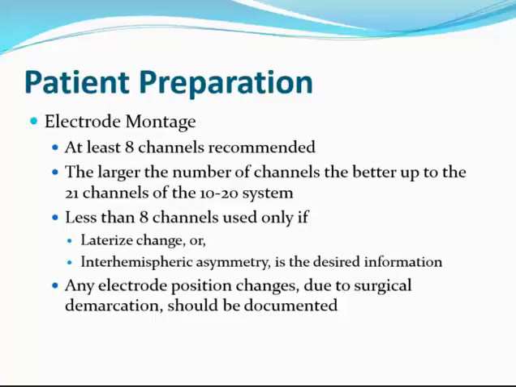There are times when the very place you want, you're looking at F4, for example, or T4, and they are doing a right frontal craniotomy, or some of these pterional approaches to tumor resections or to AVMs. There's no way you can place an electrode at F4, because that's where they're working.